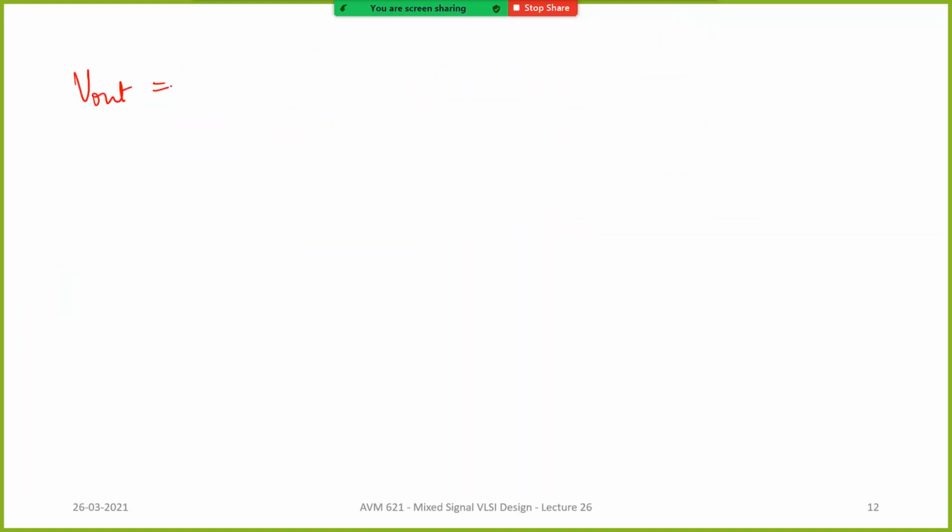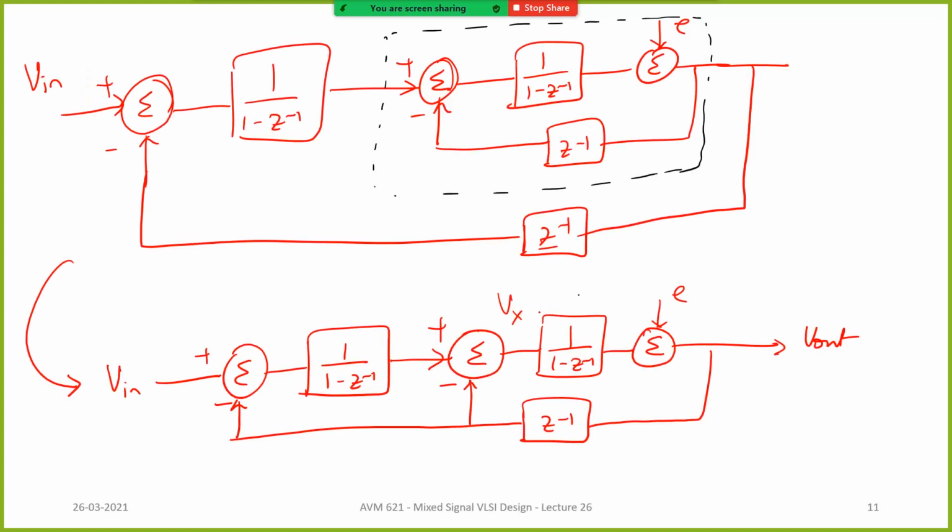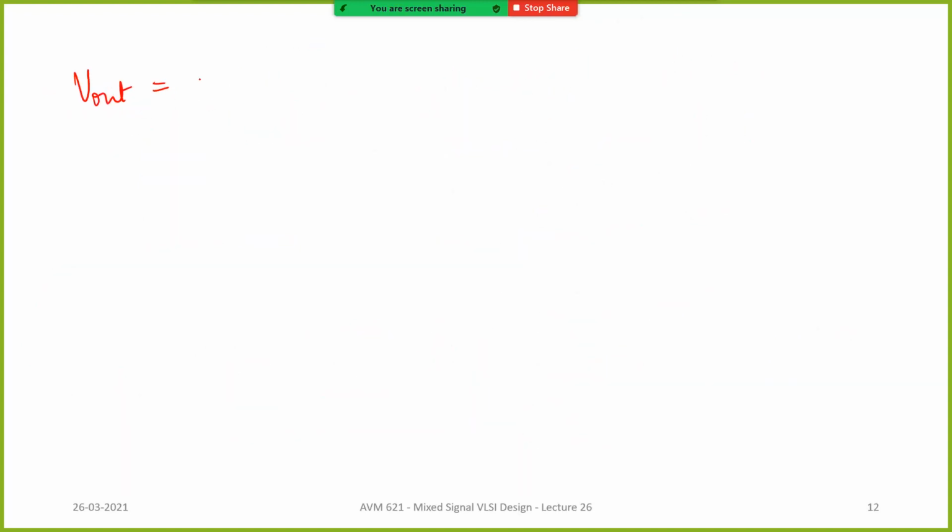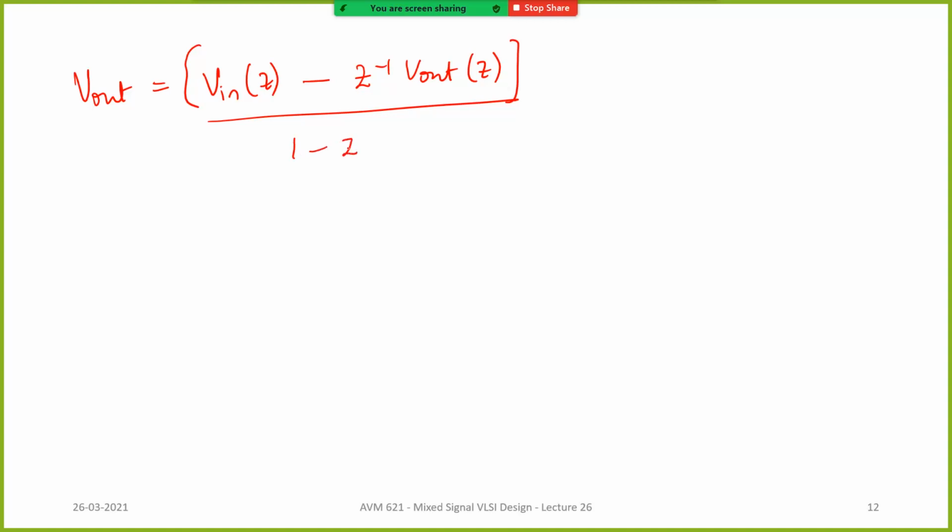V out can be written as V in of Z minus Z inverse into V out of Z, multiplied by 1 by 1 minus Z inverse.